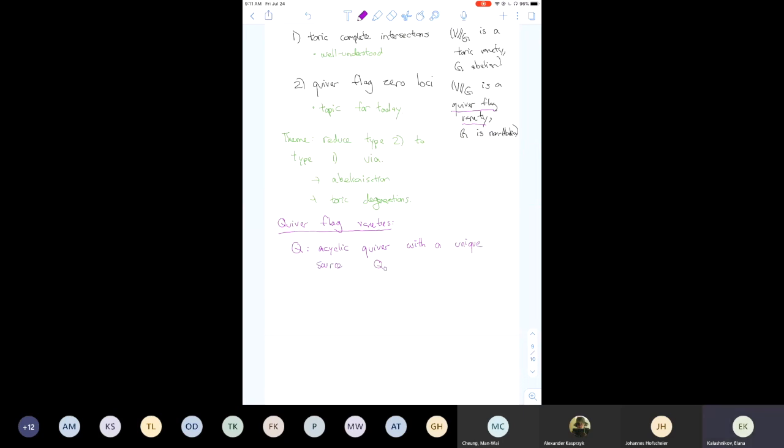Q0 and Q1 are the vertices and the arrows. Since it's acyclic, we can pick a labeling of the vertices from 0 to rho such that all the arrows go from left to right in this order. The 0 here is the source vertex.